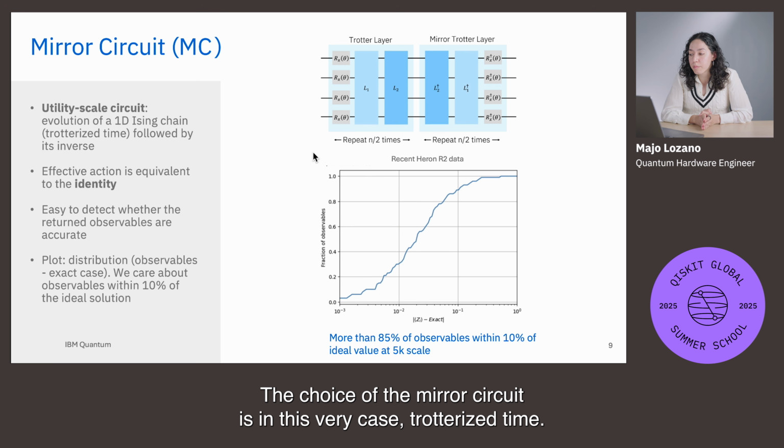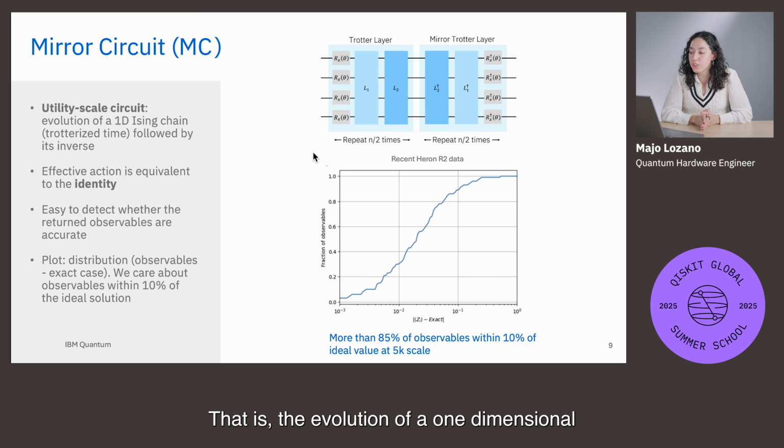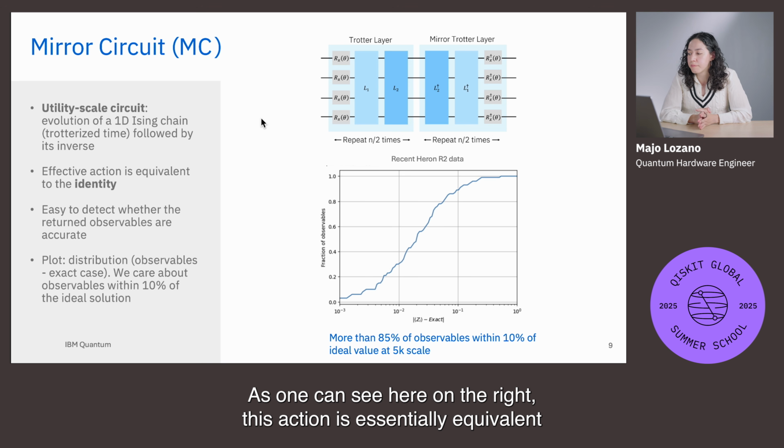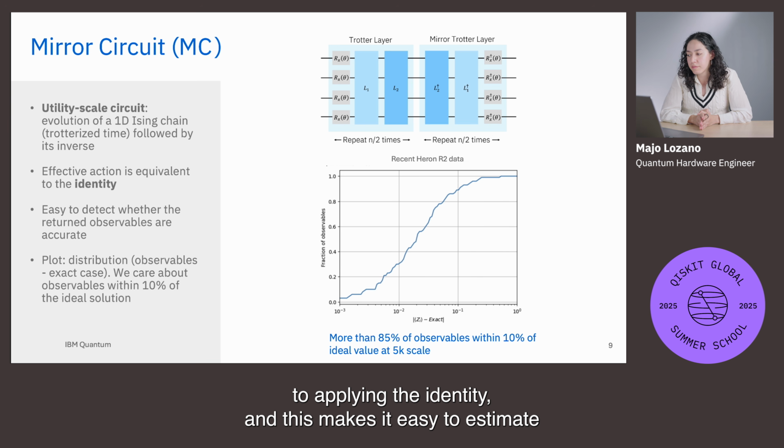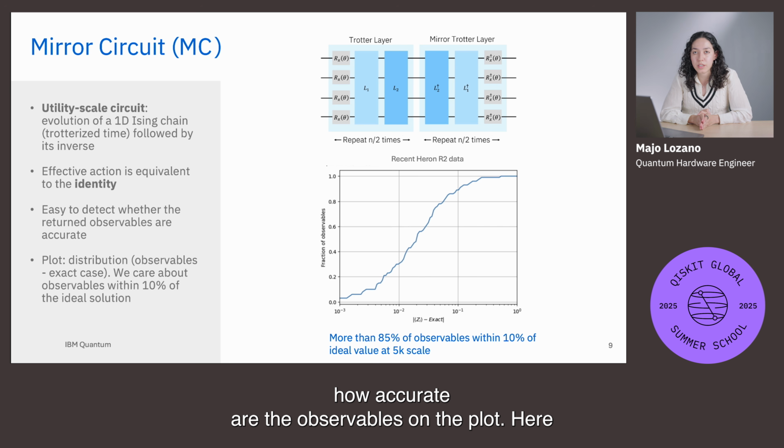The choice of the mirror circuit is, in this very case, characterize time. That is, the evolution of a one-dimensional Ising chain, followed by its inverse, as one can see here on the right. This action is essentially equivalent to applying the identity, and this makes it easy to estimate how accurate are the observables.